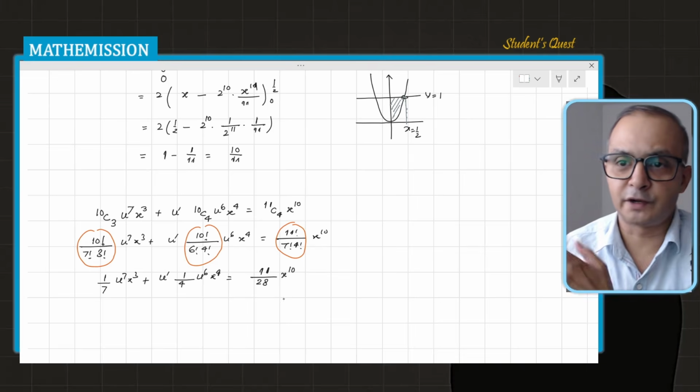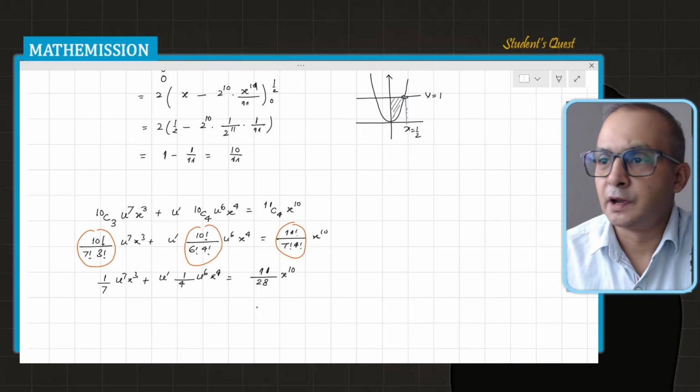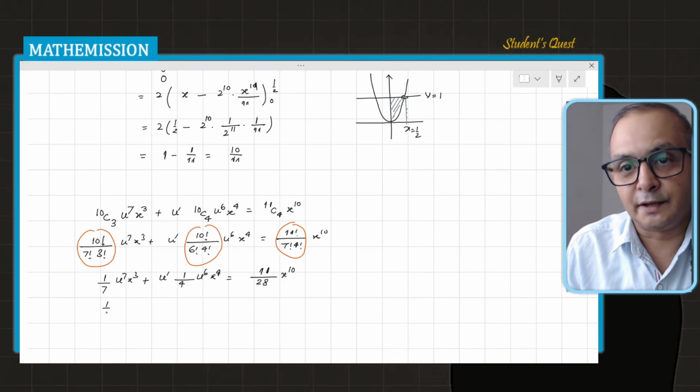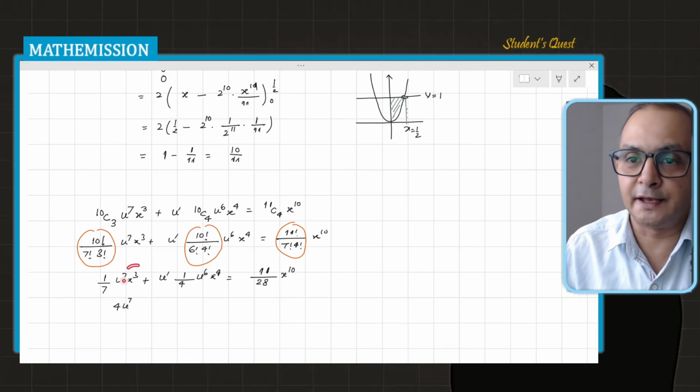I hope, if I'm not calculating wrong, that should be what we get. Anyway, after all, this x will also get cancelled, so we get 1 by, okay, let me just multiply by 28, so this will become 4 u to the power 7. At the same time I am simplifying this x cube, x to the power 4 and x to the power 10.